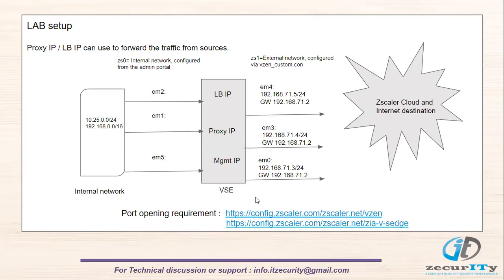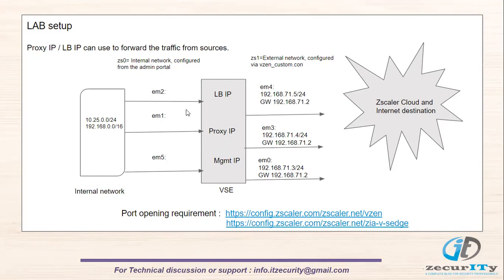So in this lab, I would like to showcase the scenario where I have an internal network of 10.25.0.0/24 and 192.168.0.0/16, and I have a VSE configured with the management IP, proxy IP, and LB IPs. The management IP in the internet facing side is this.